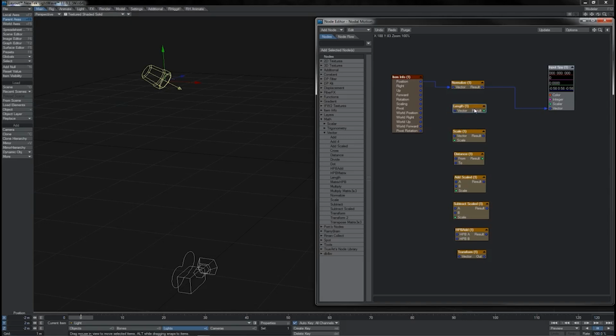which is what our length node does, which kind of brings us on to the length node, because that tells us how long a vector is. So for instance, here I've got my light at 2, 2, 2, whatever. If I plug the result into the scalar input here, because of course we're not outputting a vector anymore, we're just outputting its length, we see that it's 3.46, what have you.